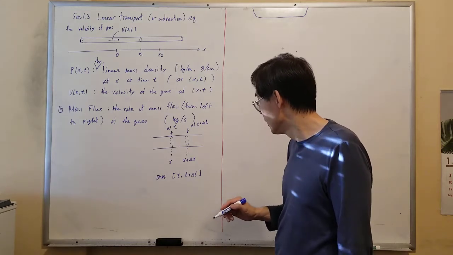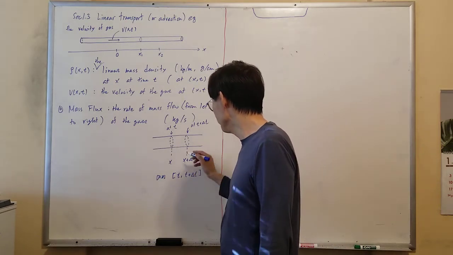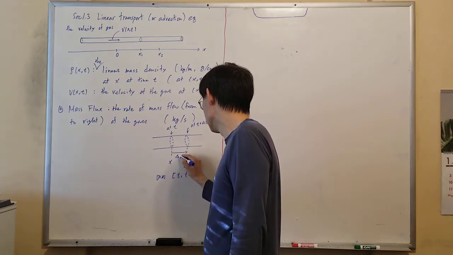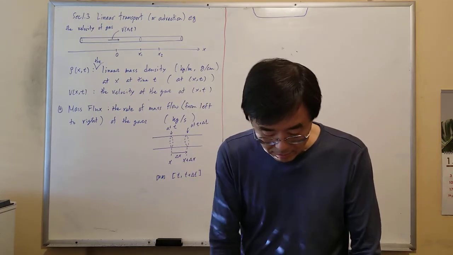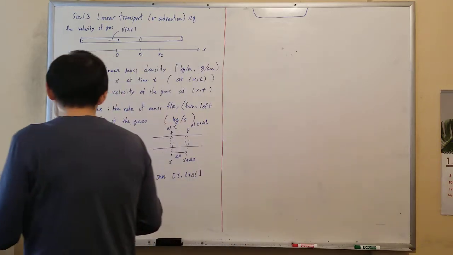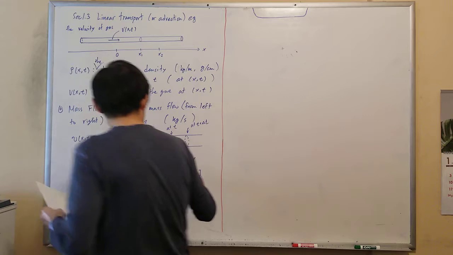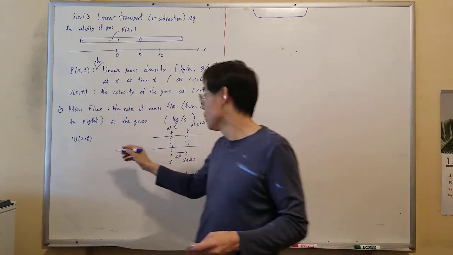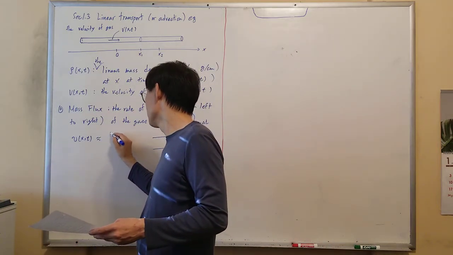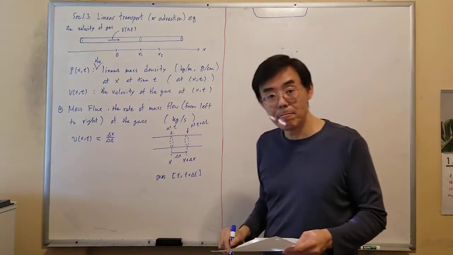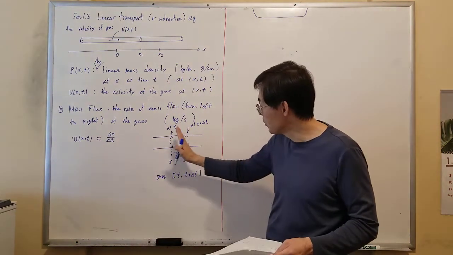Then this is delta x. Because it is very small, your velocity is almost the same as delta x over delta t, over a short period of time.